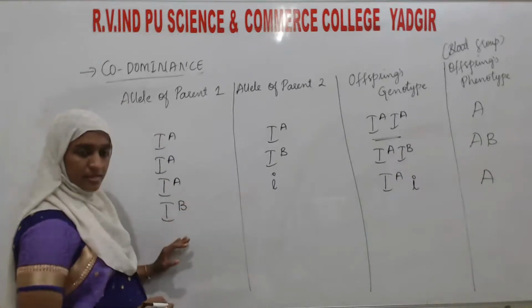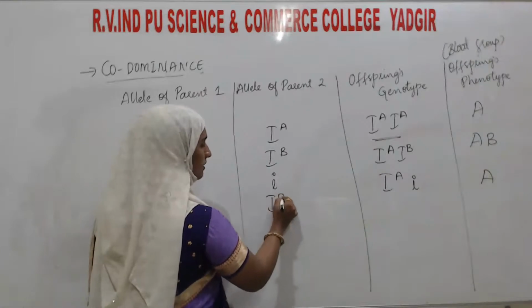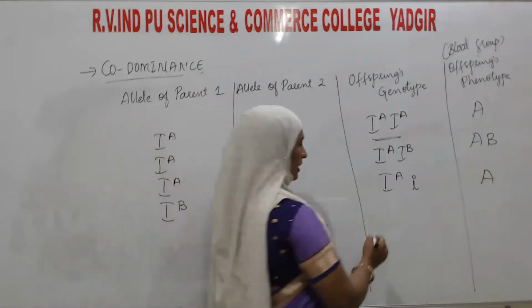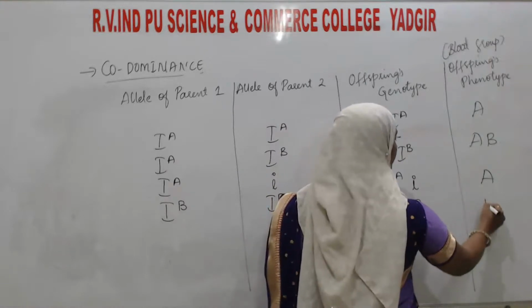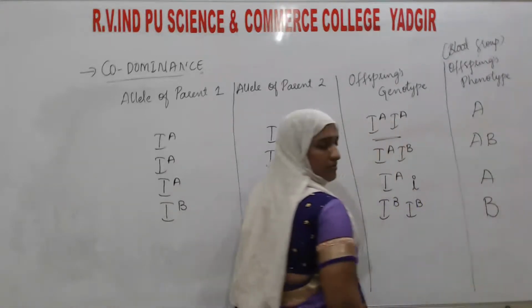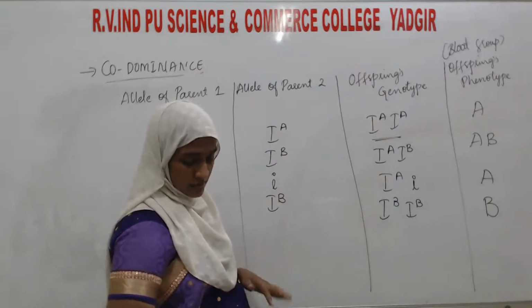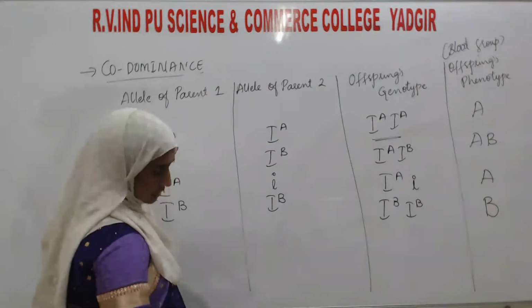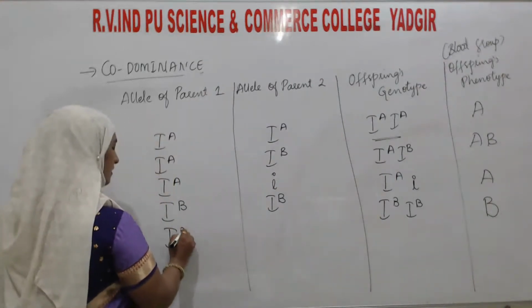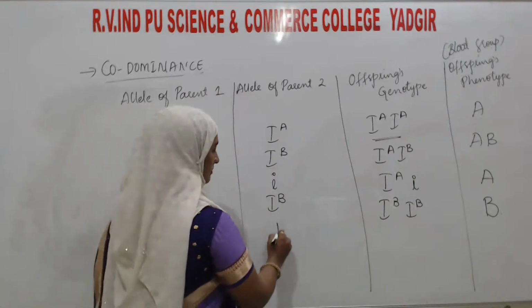IB is there. Parent 2 also IB. What will be the genotype? IB IB. What will be the blood group or phenotype? B. Both are expressing. One more condition: parent 1 is IB, parent 2 is IA.